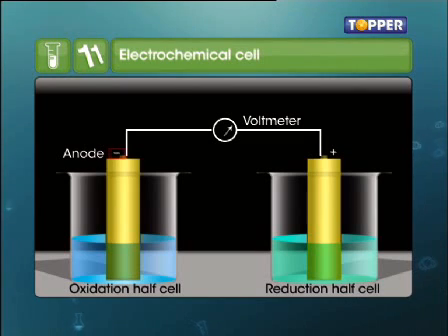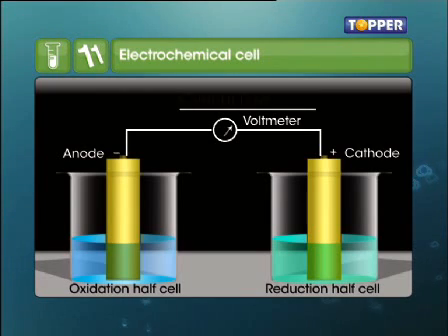The anode is negatively charged. And the electrode at which reduction takes place is called the cathode. The cathode is positively charged. So one can say that in a redox reaction, the transfer of electrons takes place from anode to cathode, and the flow of current is in the opposite direction, that is from cathode to anode.